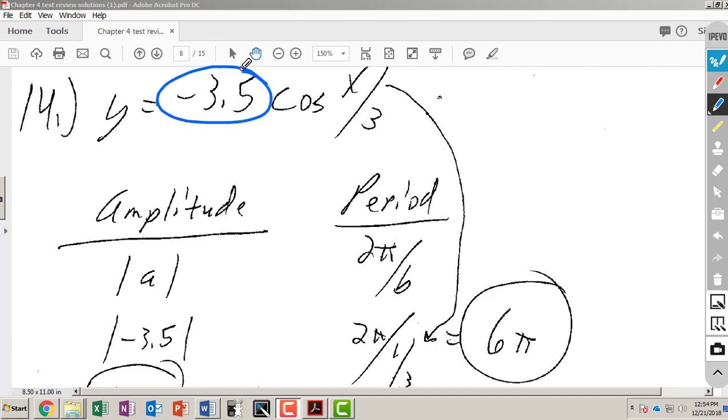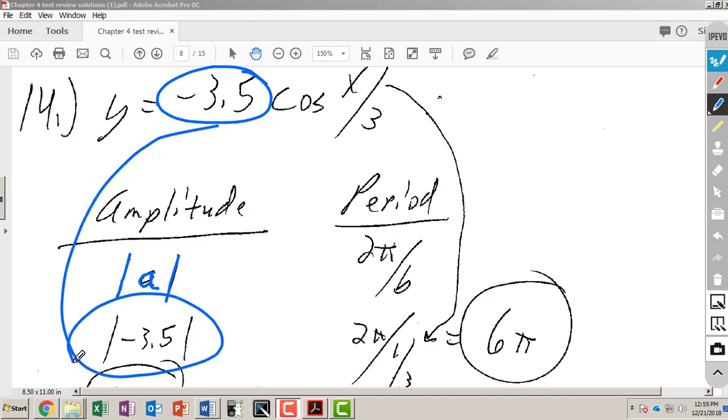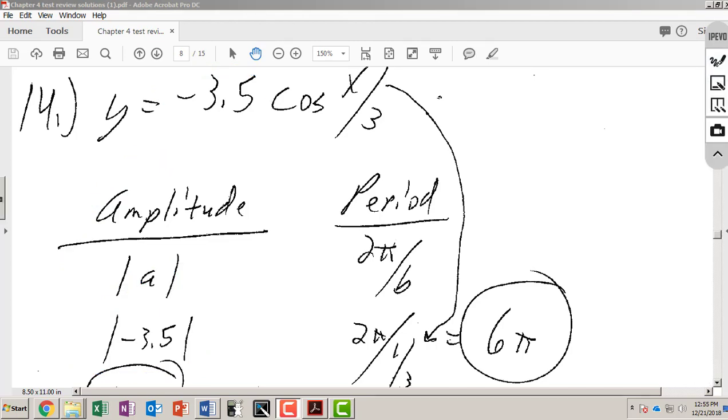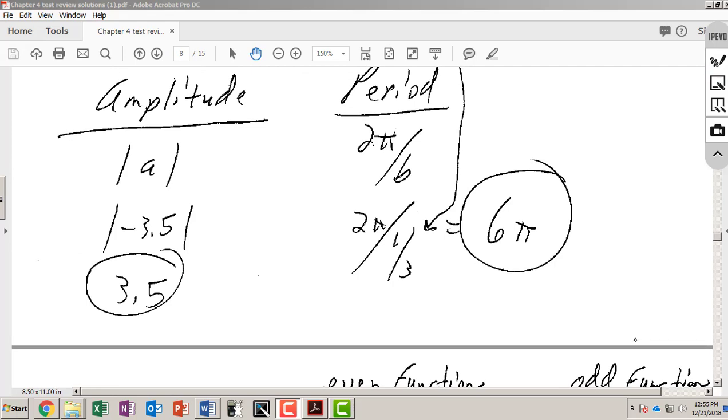But remember, that number is always the absolute value, which means it's always positive. So to find this amplitude, I take the absolute value of negative 3.5. Since amplitude represents distance, it's always going to be positive. That's why it comes out to be 3.5.